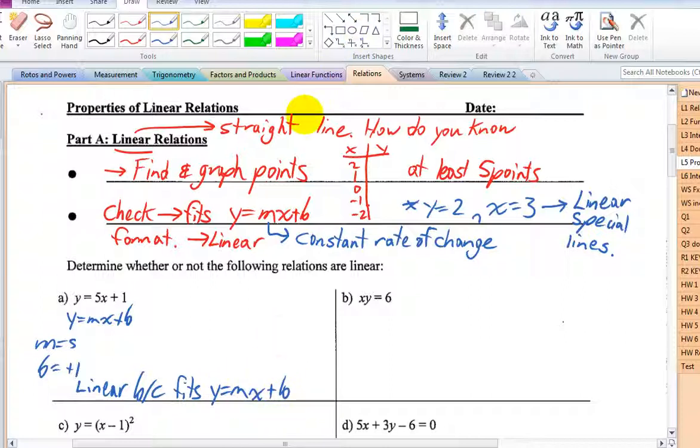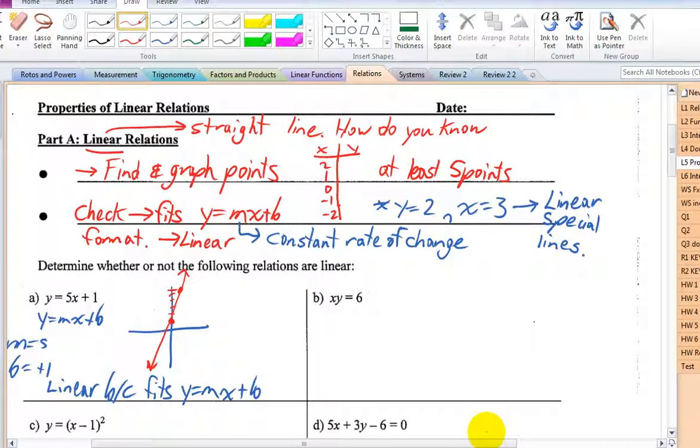Now if you graph that real quick, plus 1 is up here, and use your slope to count. 1, 2, 3, 4, 5 over 1. And so there you go, straight line. Right? So just reviewing the last unit, how to graph.